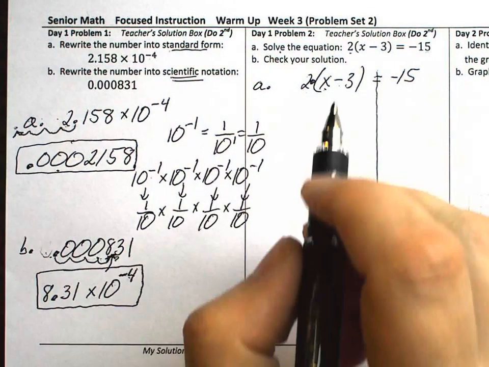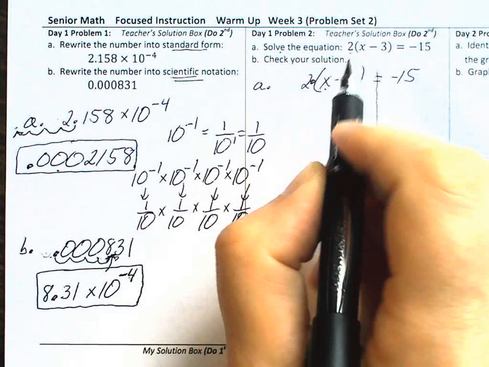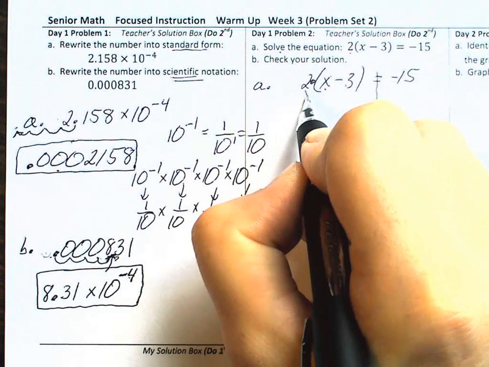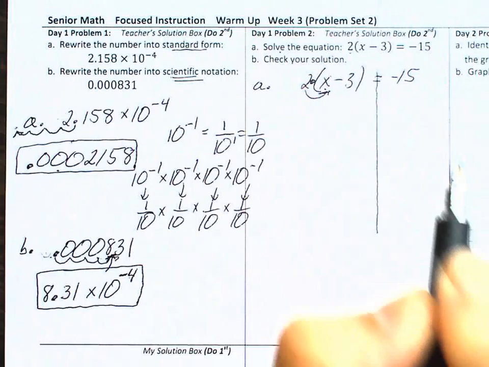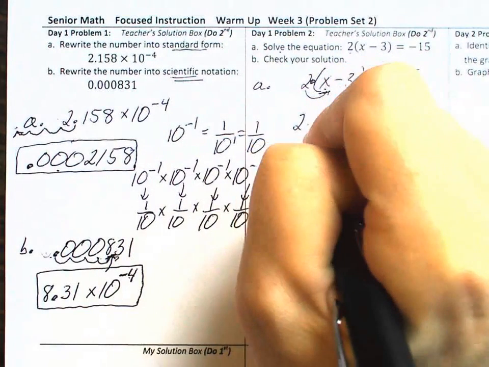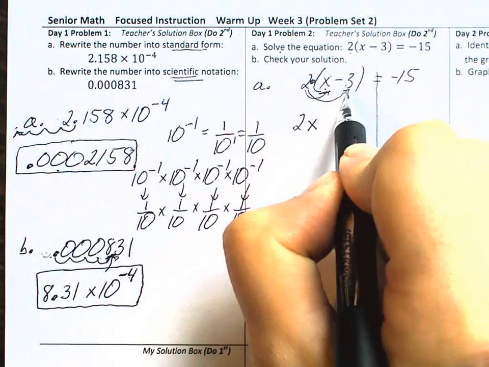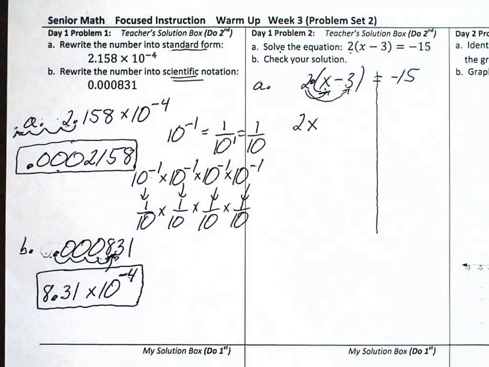So let's do that. We can, first of all, multiply the 2 to both terms in these parentheses. This is called the distributive property. So 2 times x, we can write down what that is, 2x. And then 2 times the 3, which is 6.